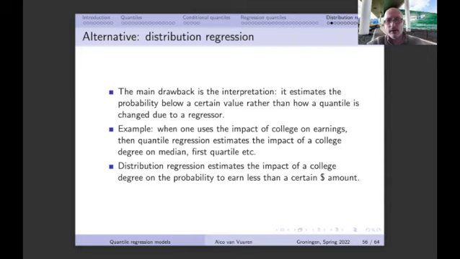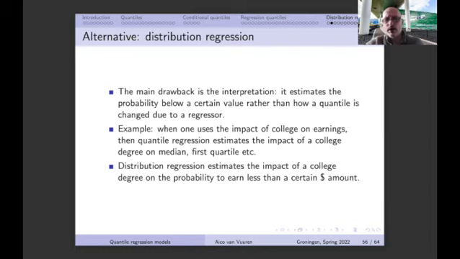Suppose that once again we are going to look at log hourly wages, and we would like to look at the impact of particular things on the log hourly wage, such as, for example, a college degree. At the moment that we're going to look at quantile regressions, we have just done that in the previous example.